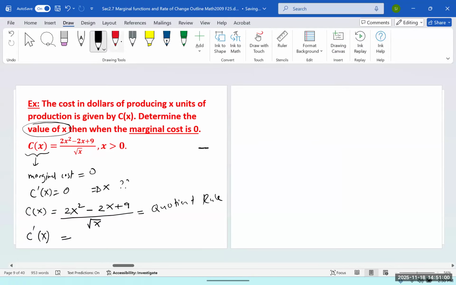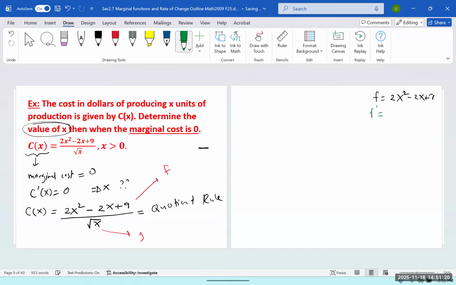The quotient rule says, let's suppose the function on the top is f and the function on the bottom is g. So if f is 2x squared minus 2x plus 9, what is f prime? Right, 4x minus 2.